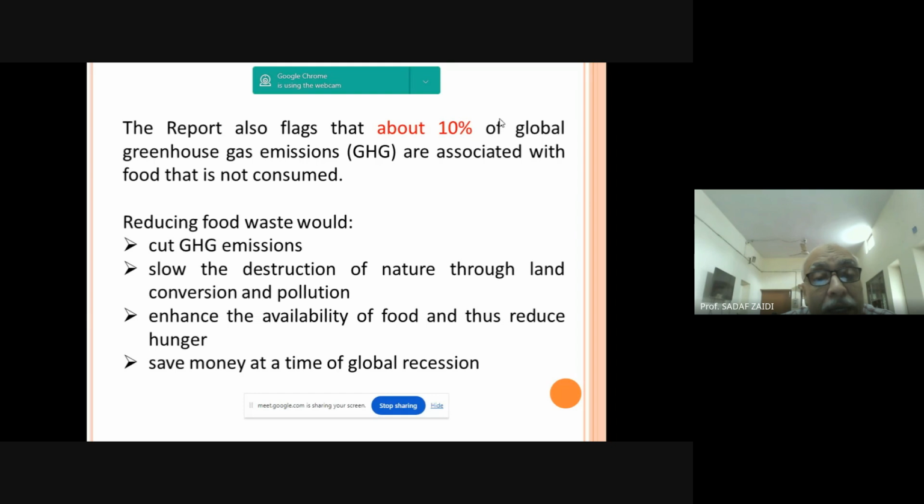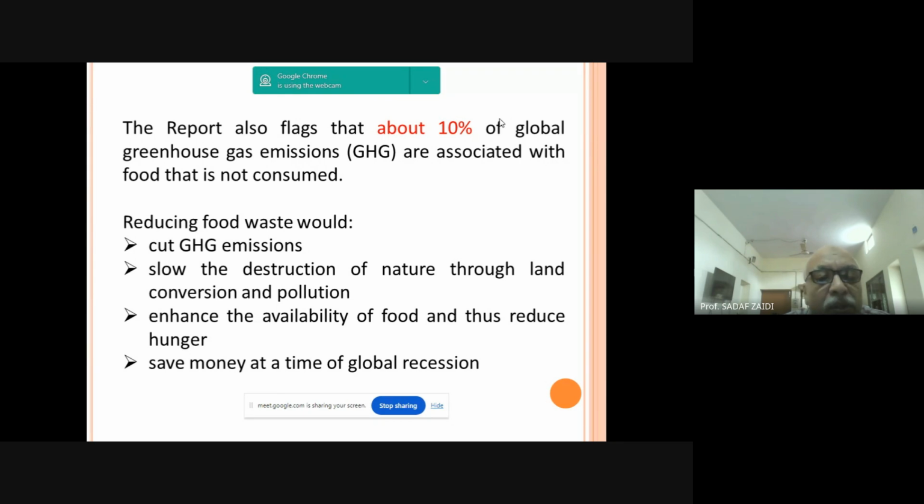So वो कहता है कि this report says that if you are able to reduce food waste, you will be cutting greenhouse gas emissions, you will be slowing the destruction of nature through conversion of land and pollution, you will be enhancing the availability of food and thus reducing hunger, and then you will be saving money at a time of global recession.